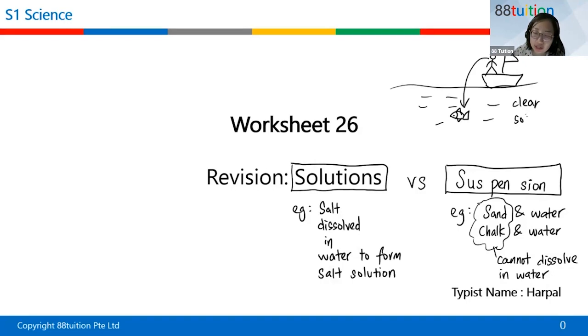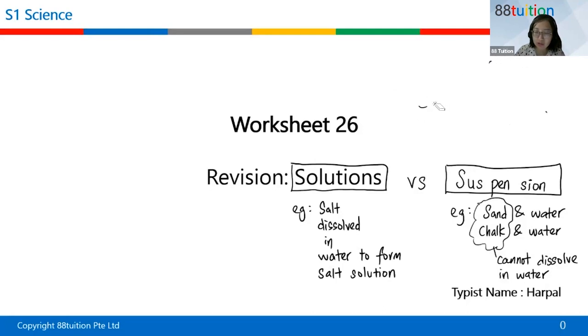But if you have a suspension, then you will not be able to see anything swimming underneath. You can't see it at all, so it's not clear. So this is just some quick revision of solution versus suspension.